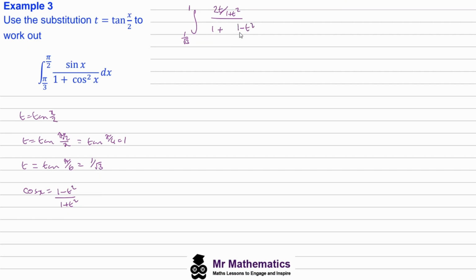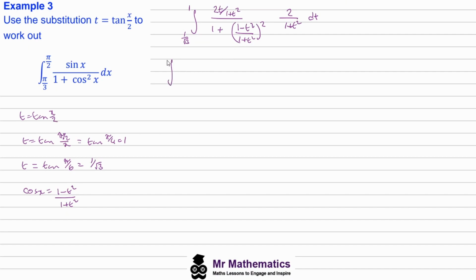So 1 minus t squared over 1 plus t squared, all squared, times dx. And we know dx is 2 over 1 plus t squared dt. So now we need to tidy this up, and the first thing I need to do is to write this 1 with a common denominator as this fraction.